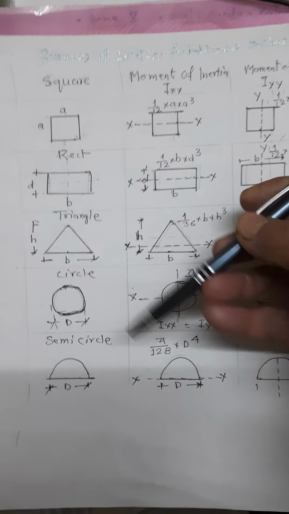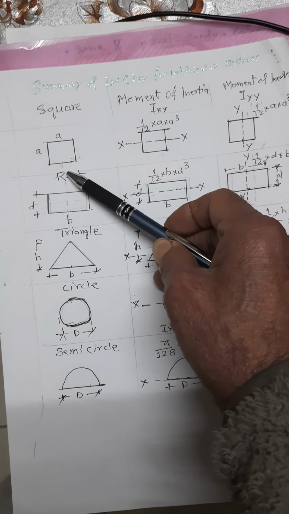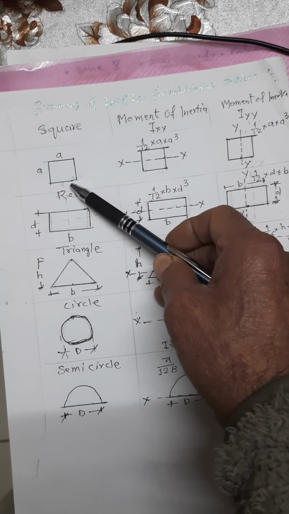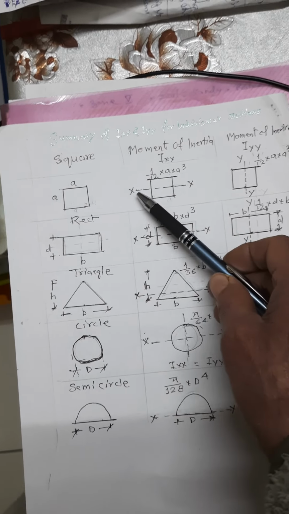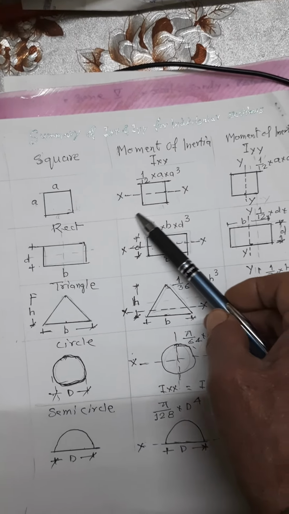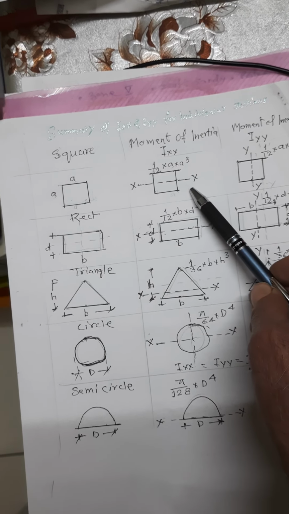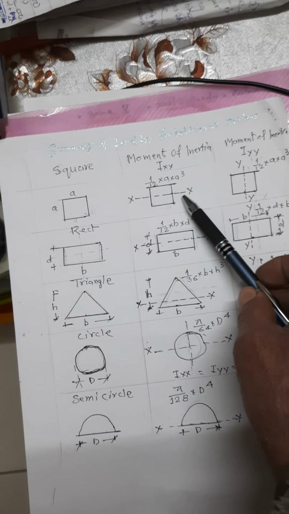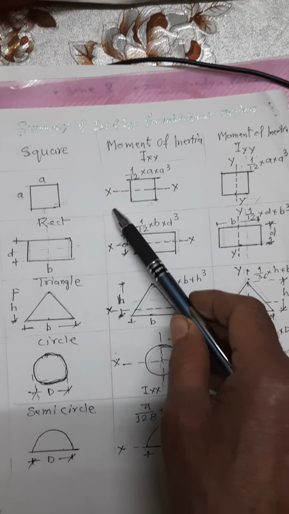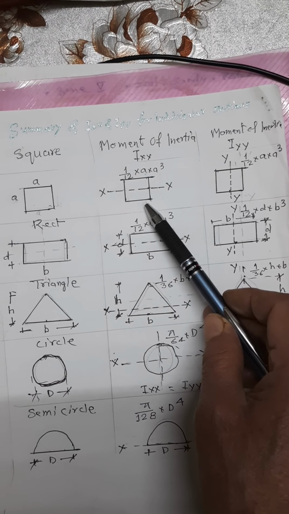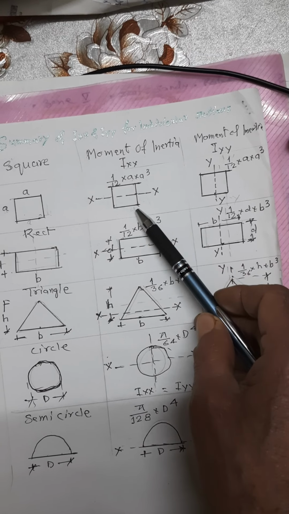Now, first of all, I will show this square, where this dimension is equal to this dimension, A. So if this is the moment Ixx along this axis, which is acting at the center, the moment of inertia along this is equal to 1 upon 12 A cube.